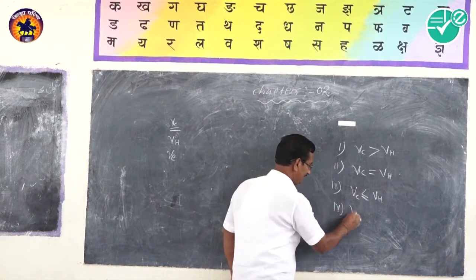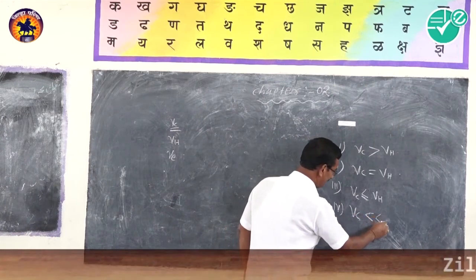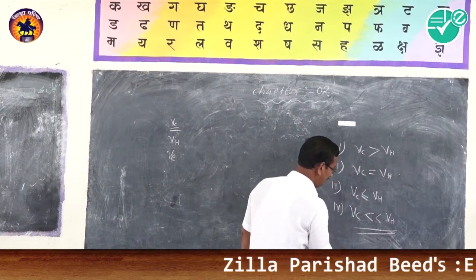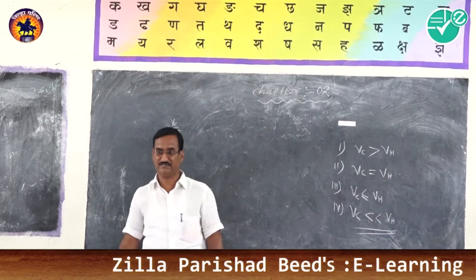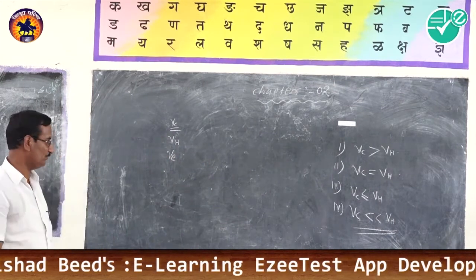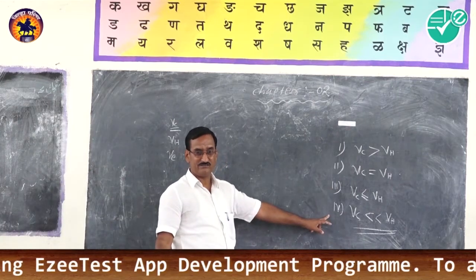And fourth condition, Vc is very much less than Vh, then the satellite goes into the horizontal direction and never returns to its original position, meaning it goes in a straight line.